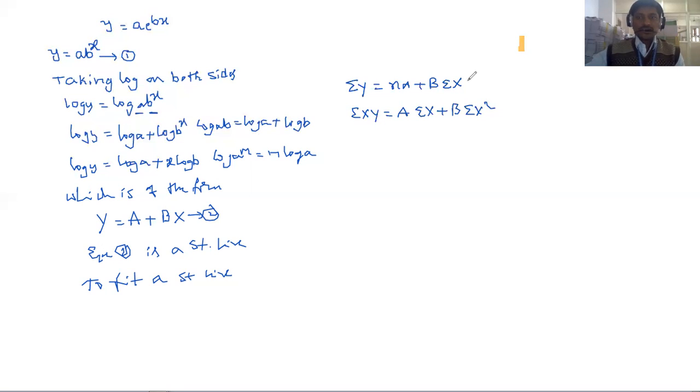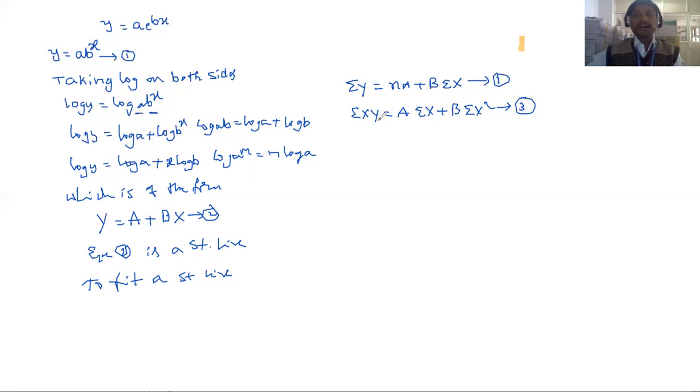For that, two arbitrary constants, obviously two normal equations, and let them be taken as 2 and 3. So first we need to take these two normal equations, and we have to calculate the values of summation y, summation x, summation x square, and summation xy. After calculating these values from the given data, we simply substitute in these equations and we will get the values of a and b.